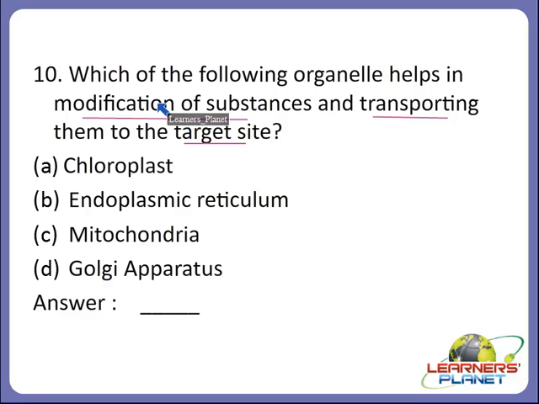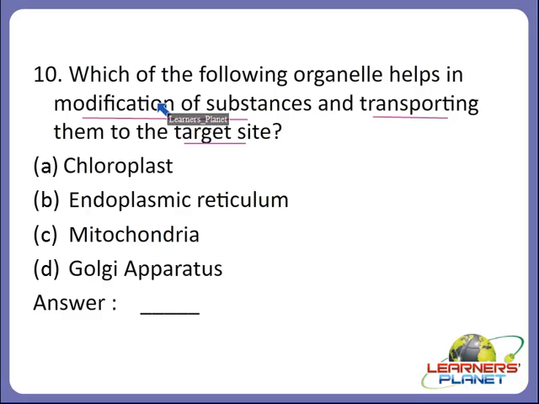So the substances, like lipids and proteins and others, are produced in the endoplasmic reticulum. From here, these materials are transferred to the Golgi apparatus, where they are stored. Then, according to the demand of the cellular part, they are modified accordingly, and then transported to the target site in the form of vesicles.